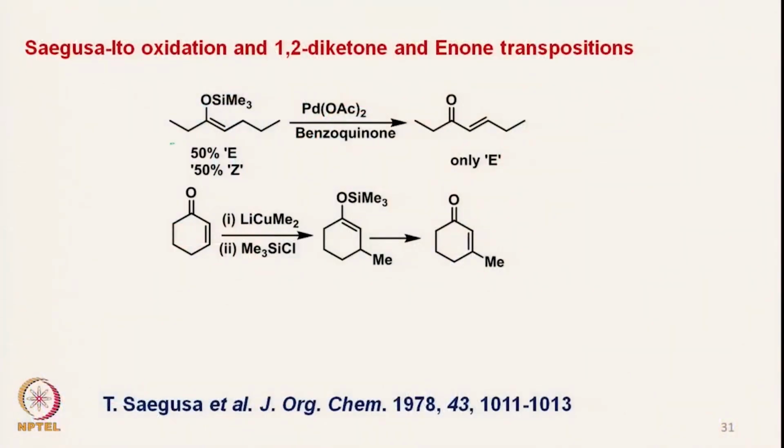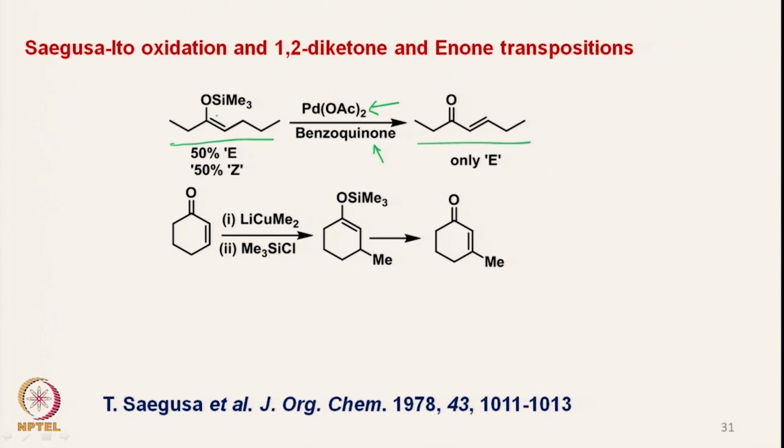What is interesting in this particular reaction is, if one takes an enol silyl ether of this kind, and treats it with palladium acetate in the presence of benzoquinone, one gets this enone formation.